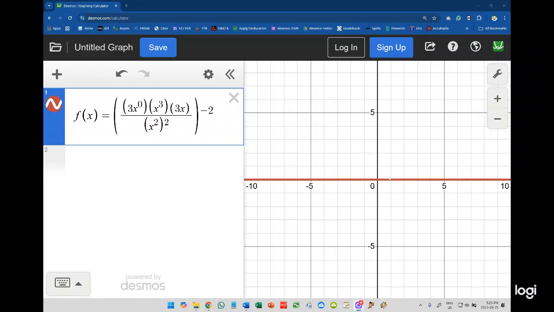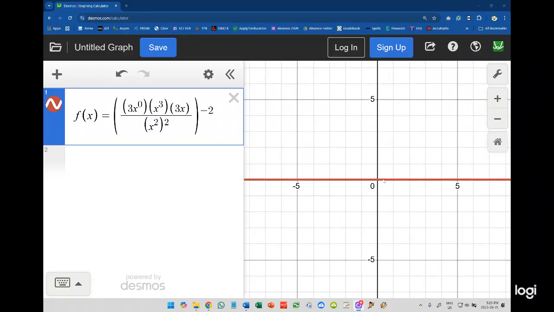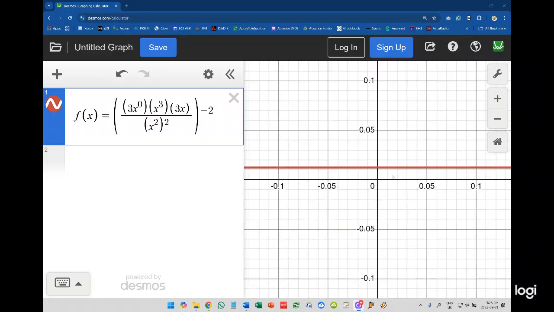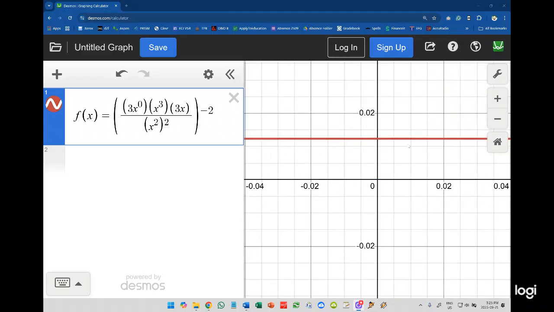But we said that the answer to it was 1 over 81. So basically x is getting close to 0, which is why it's so close to the x-axis. But if I zoom in enough, you'll see it's not actually on the x-axis. It has a height of 0.012345, I bet you it's 6, 7, which happens to be 1 over 81.